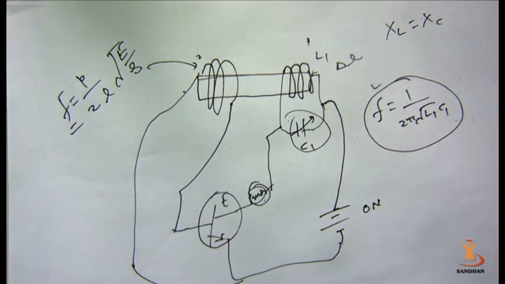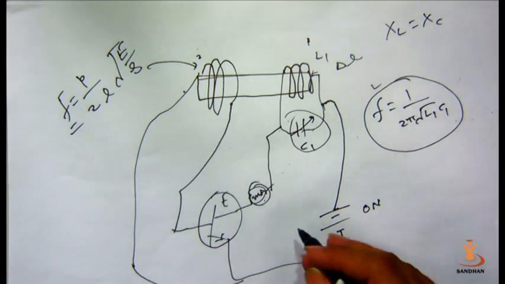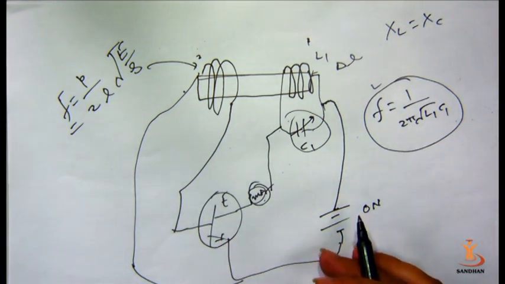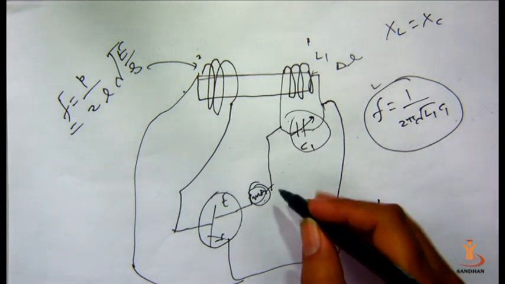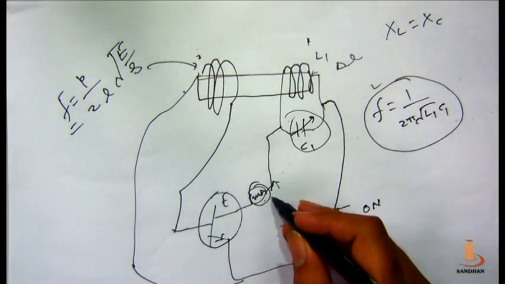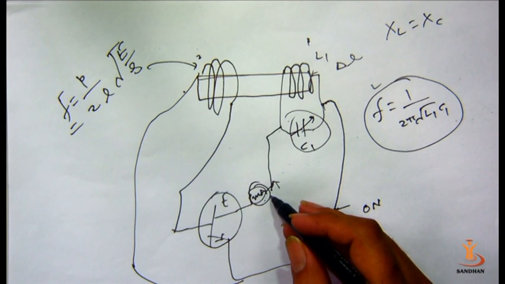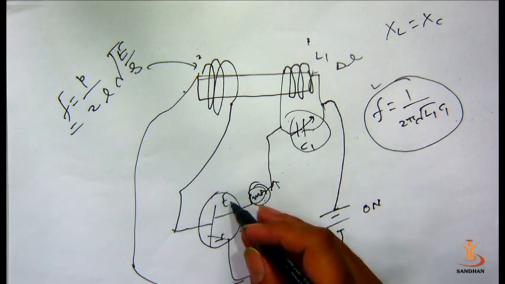The feedback mechanism is always required to generate continuous oscillation. This is a magnetostriction oscillator, so a feedback mechanism is required. Now, how can we provide such a feedback mechanism? Here we can say that there is a generation of maximum current, so there is a greater value of emitter current.